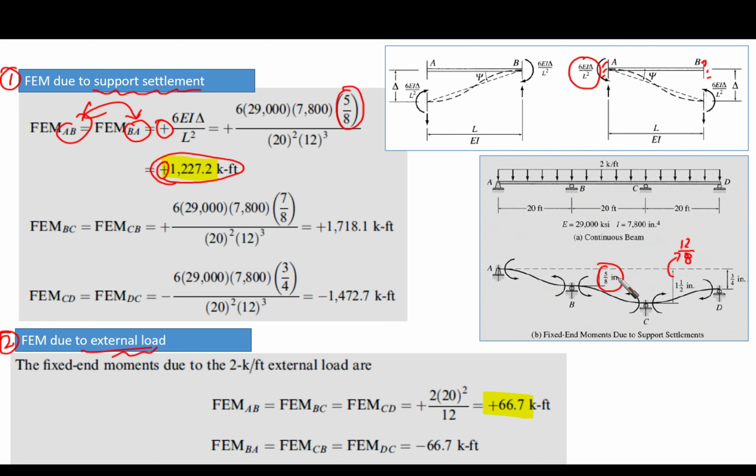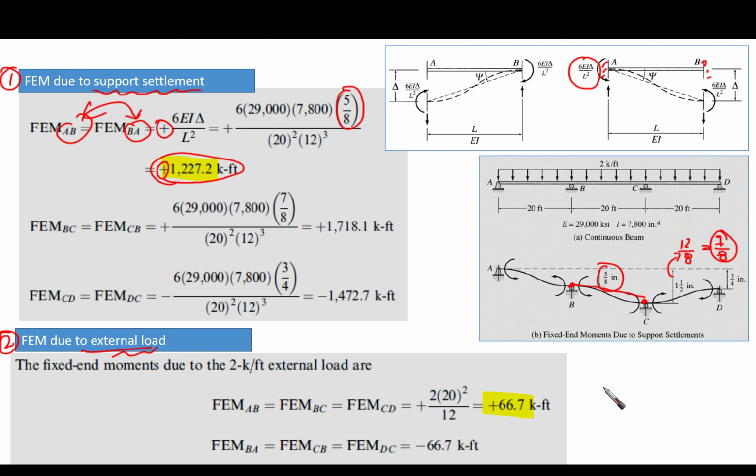So the differential settlement between this point B and this point C is going to be the difference, which is going to be 7/8. This is what is going to be used in our fixed end moments.